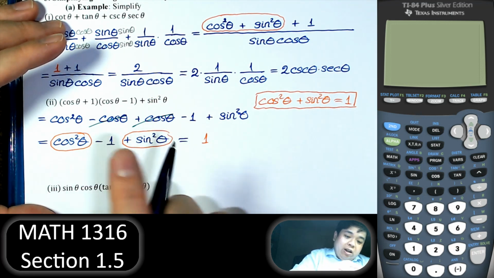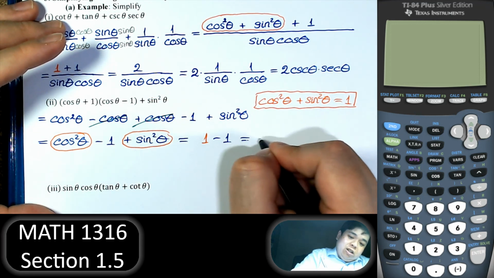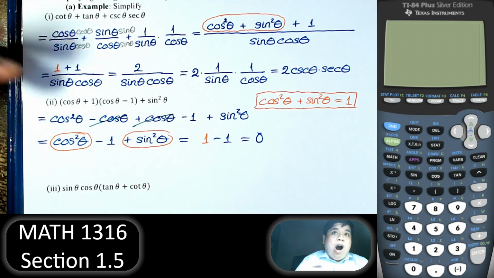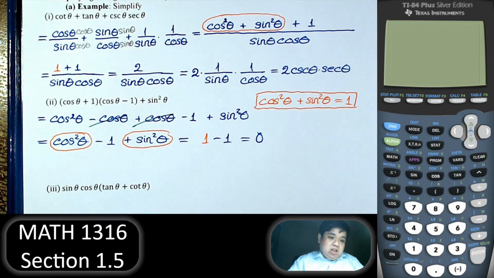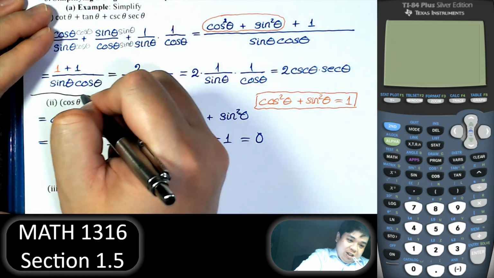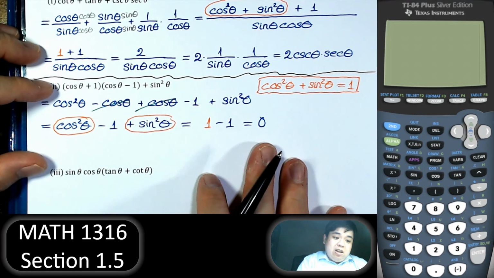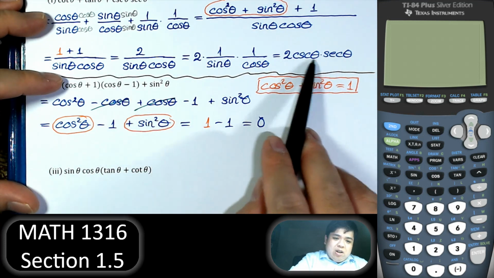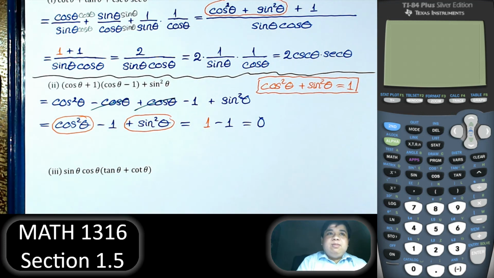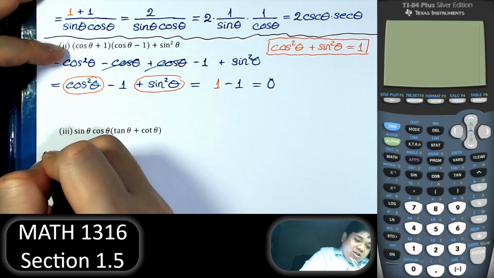And we have 1 minus 1, so this is 0. So no argument there. 0 is the simplest form, so there's no confusion here. If it is extremely simplified like this, then that's the answer. Whereas those two, yeah, debatable which one is more simplified than the other.